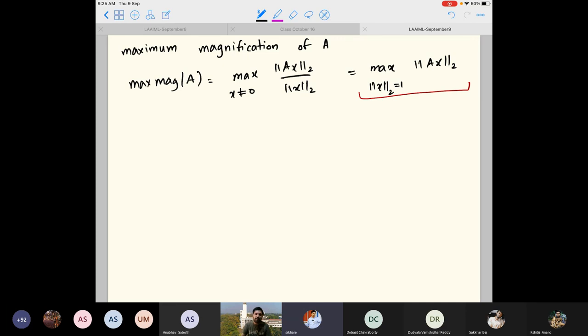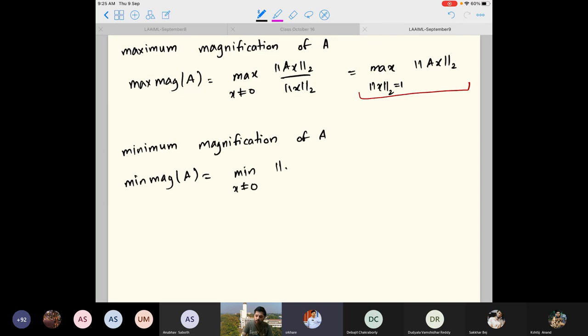And the way I define maximum magnification, I can define minimum magnification also. So the minimum magnification of A is, instead of maximum, I look at the minimum of norm of Ax, the 2 norm, divided by the 2 norm of x, and similarly you can show that this is equal to the minimum over unit norm x. Again, this is something that we will use to understand geometrically.